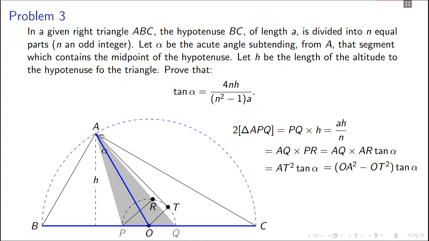So AO equals a by 2. And this whole thing PQ is equal to a by n, so OQ is a by 2n, so OT is also a by 2n. So this is a by 2, this is a by 2n. That's it. And this is equal to the 2 delta, so this is equal to ah by n. You simplify it and you get your answer.